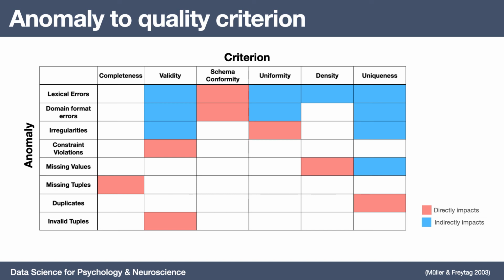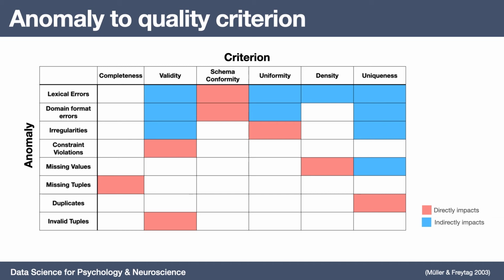Now, there's a specific mapping between anomalies and criteria, and some anomalies can indirectly impact criteria or have direct impact on criteria. So every anomaly at least has a single direct impact on one type of data quality criterion, but some of them can indirectly influence other criteria through their impact on another criterion. So for example, lexical errors directly impact the schema conformity criteria.